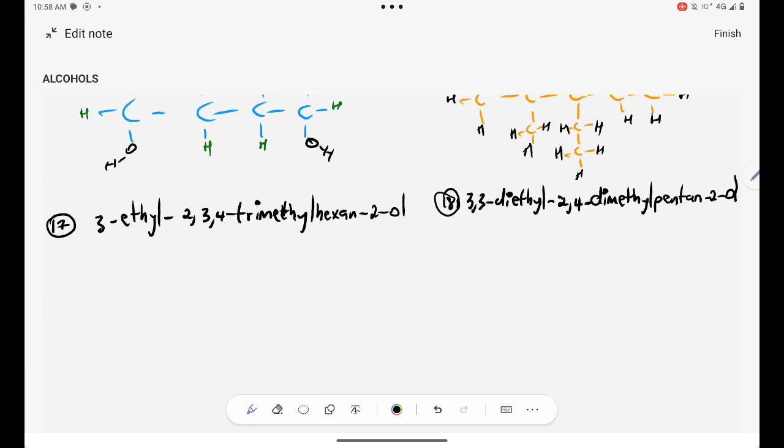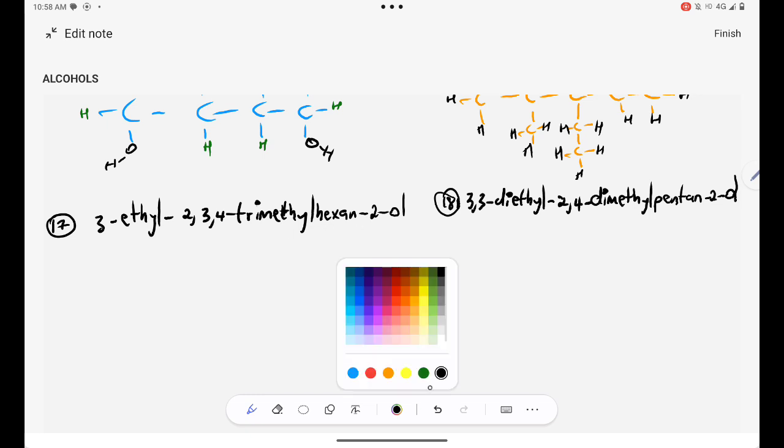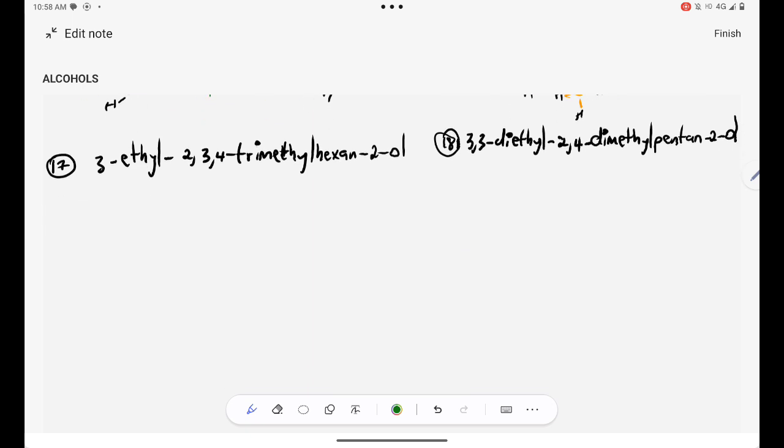Okay, and then for the next one, we have 3-ethyl-2,3,4-trimethyl hexan-2-ol. Hex simply means I have 6 carbons on my parent chain. That's 1, 2, 3, 4, 5, and 6. At carbon number 2, I have an OH. At carbon number 3, I have an ethyl. And then at carbon number 2, I have a methyl like this.